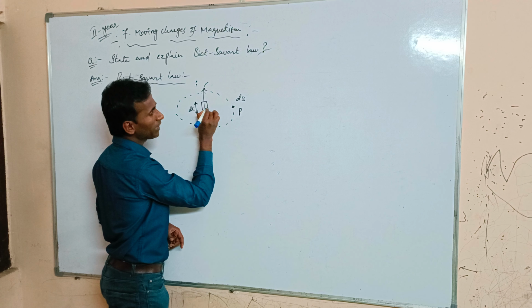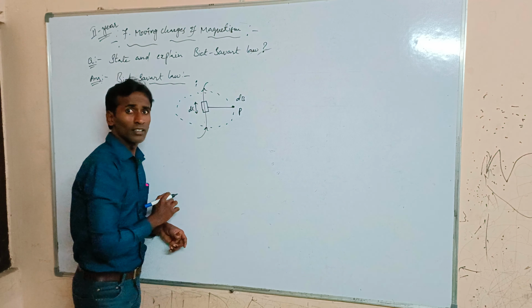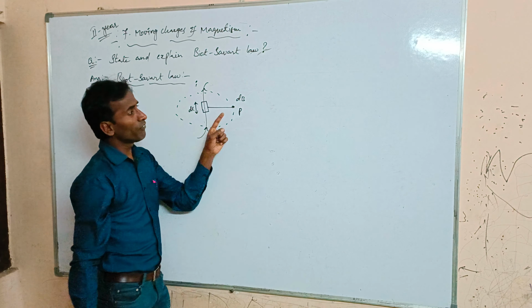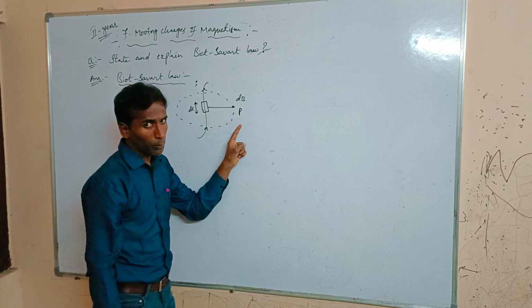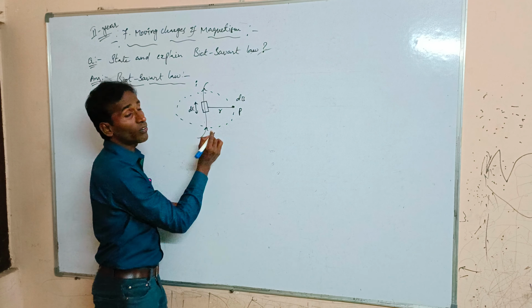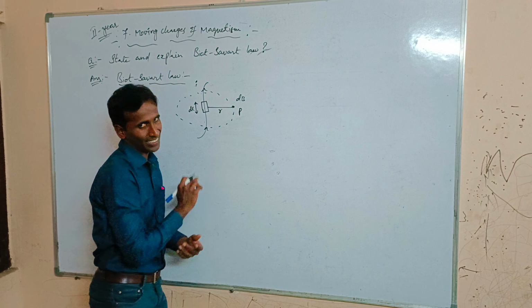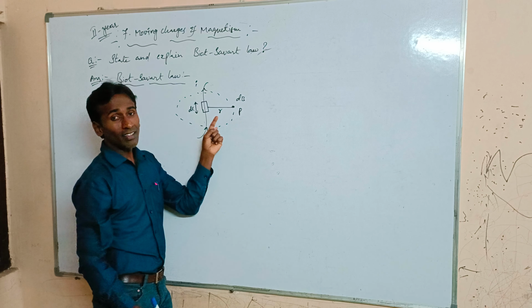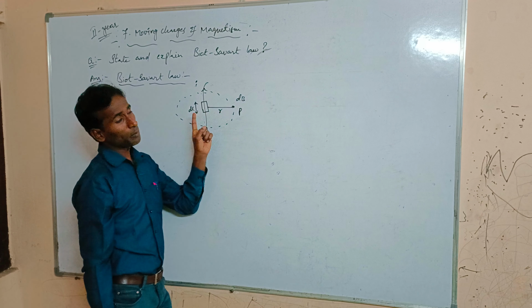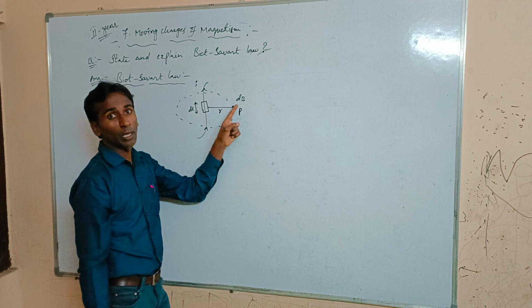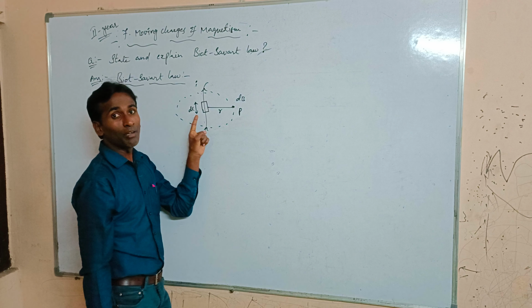We have to find the magnetic field at point P, which is at a distance r from the element of that conductor. This r is the separation between point P and the element dl.